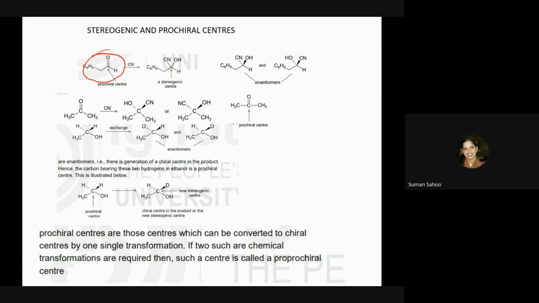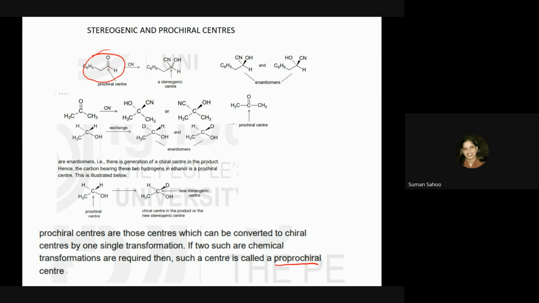So a prochiral center gives you a chiral compound or a stereogenic center after one single transformation. Here we just need one transformation to get a stereogenic center. If we need two such chemical transformations, then that center is also called a prochiral center.